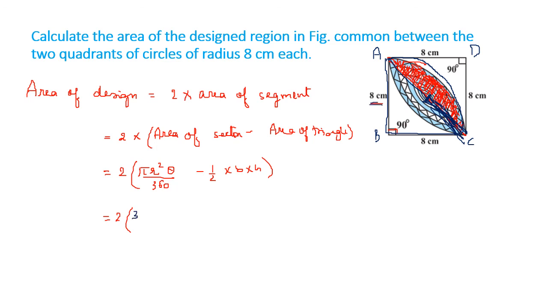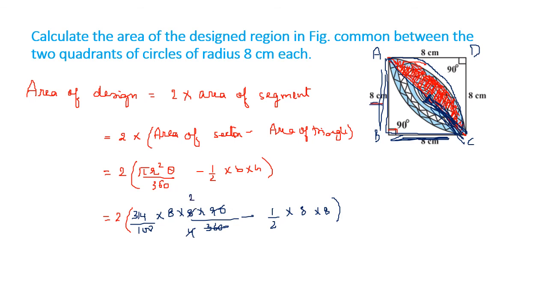So I will get 314 upon 100 into 8 into 8 into theta, which is 90 upon 360, minus half base into altitude. This is the triangle base and this is the altitude. So half into 8 into 8. So 9 1s are 9, 4s are 4, 1s are 4, 2s are 4.